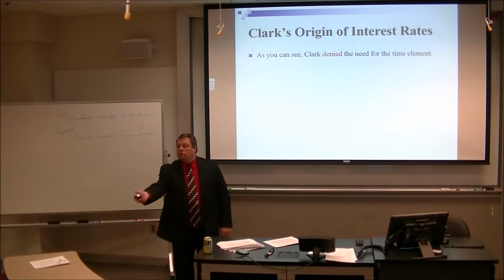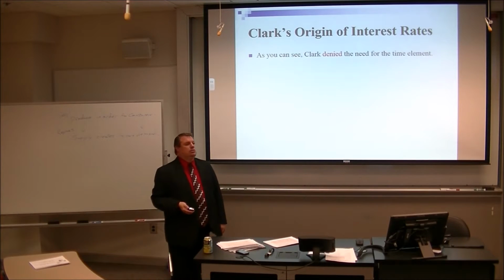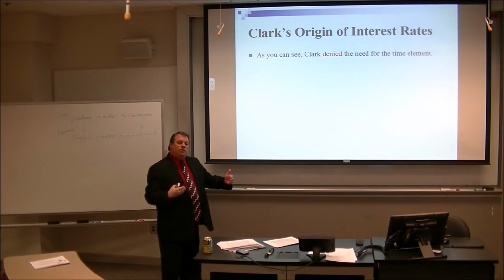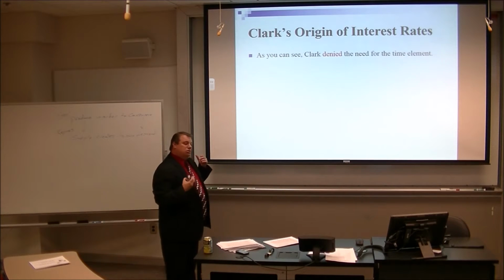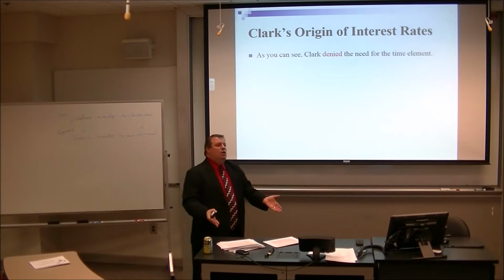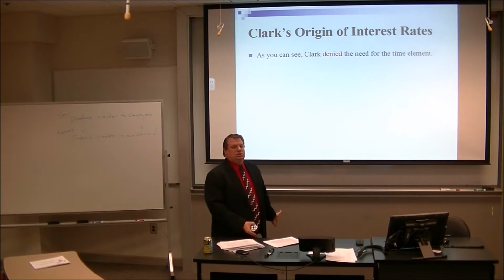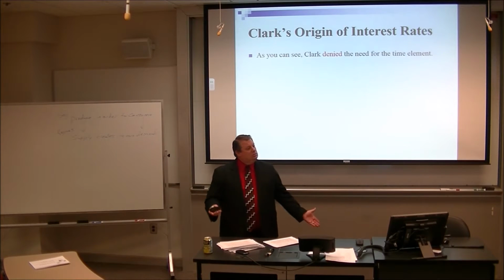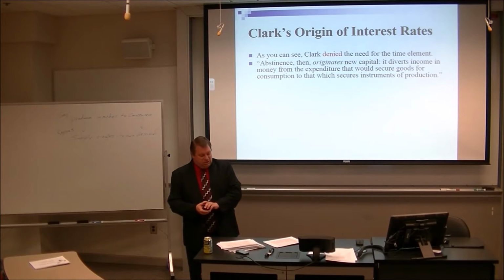So Clark's origin of interest rates is dependent upon his view of capital. It should come as no surprise that he denies the need for time. If you don't need time in capital, why in the heck would you need time in interest? You don't. So he says abstinence originates new capital.